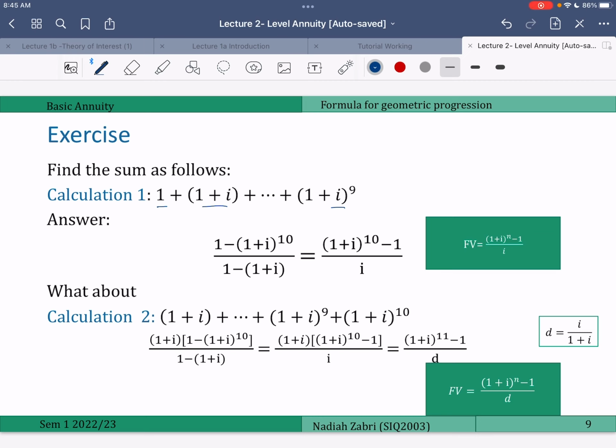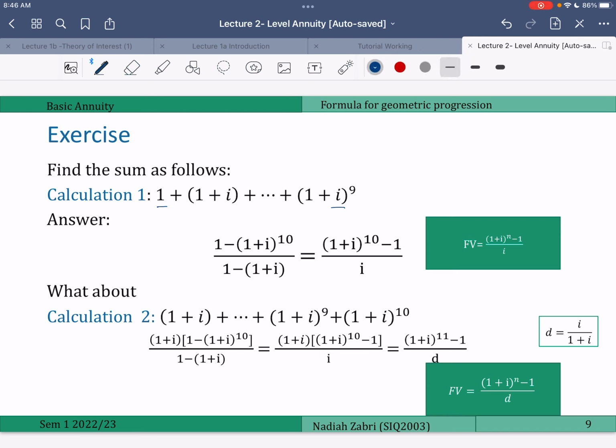The first term is 1, times 1 minus the ratio, 1 plus i, to the power of number of terms 10, and then divide by 1 minus the common term. Okay, so I hope you can see that.